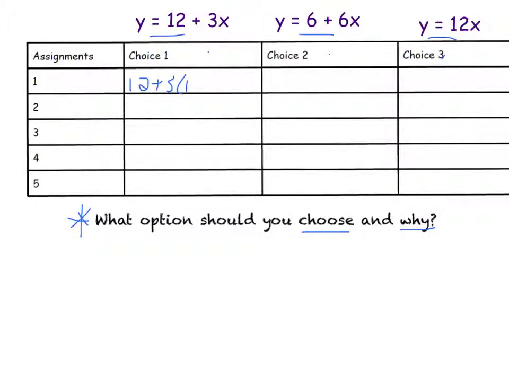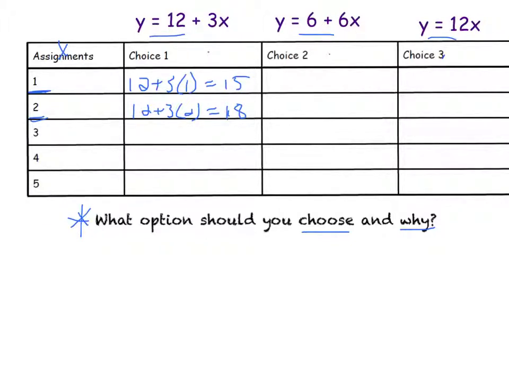We could put in, for one assignment, remember this is our x, 12 plus 3 times 1 is 15. And now our x is 2, so 12 plus 3 times 2. So 12 plus 6 is 18, etc., etc.